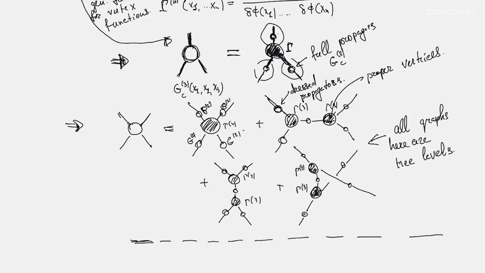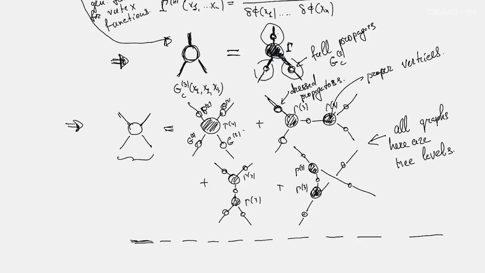So in a way, this means that we are decomposing the Green's function into more elementary blocks. We are saying that the more elementary blocks are these vertex functions, which encode only one particle irreducible graphs.